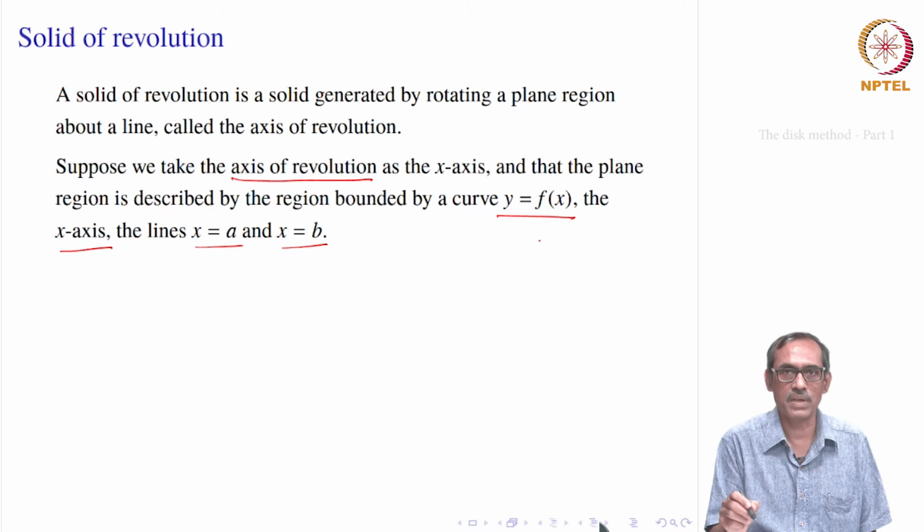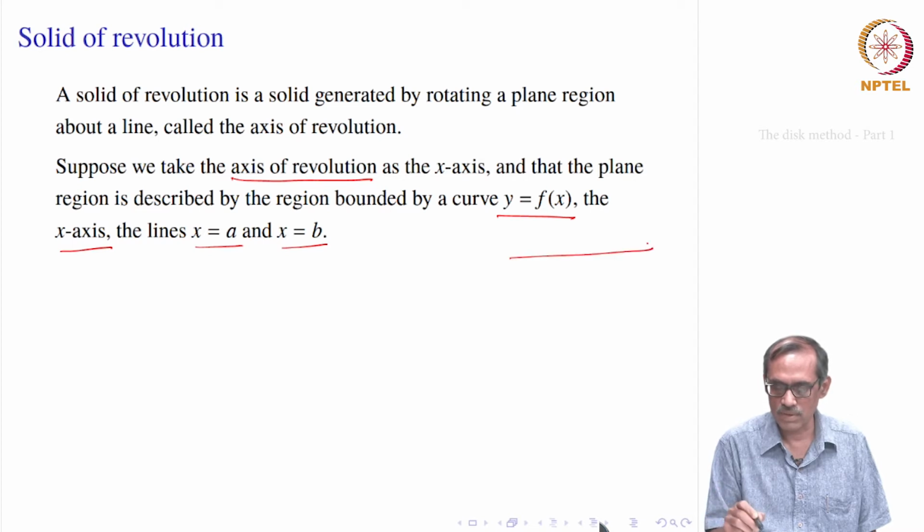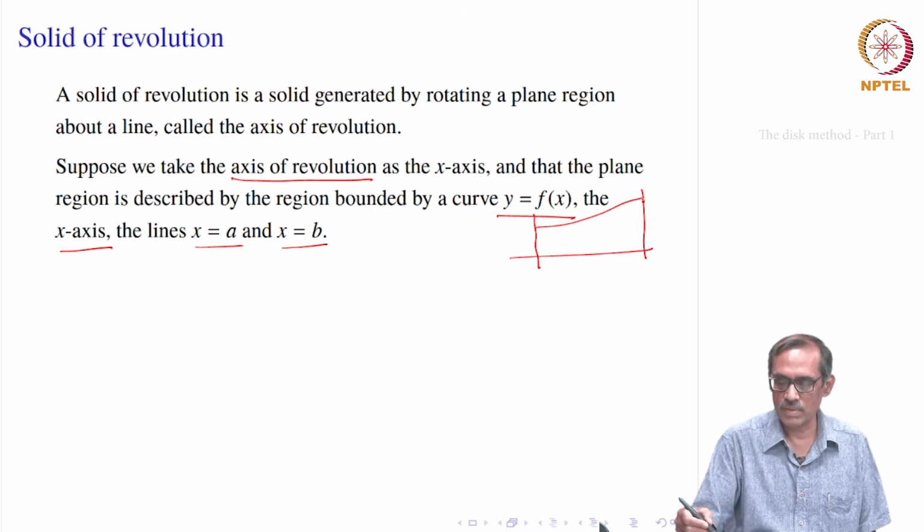We are taking a very particular case; we will come to a slightly more general case later. So you have the axis of revolution, the curve y equal to f of x, the line x equal to a, the line x equal to b, and you are revolving it around this line. You would get a solid of this kind.